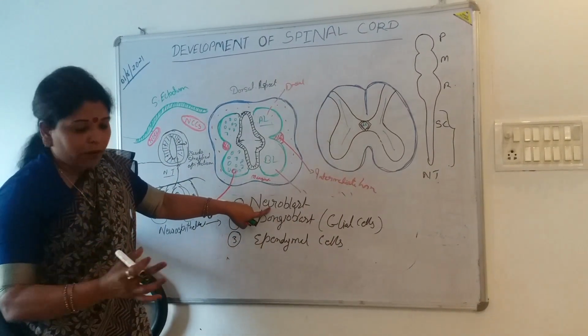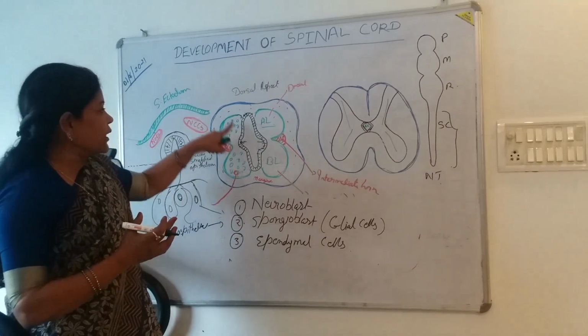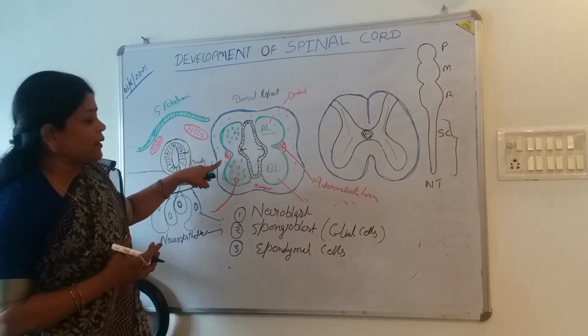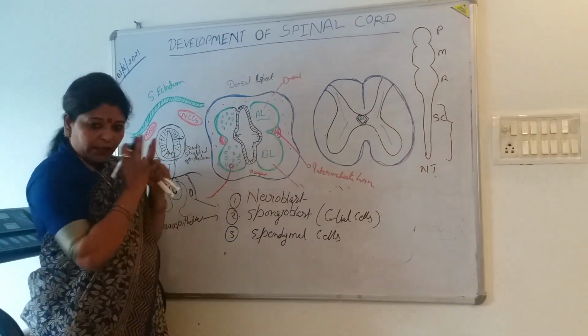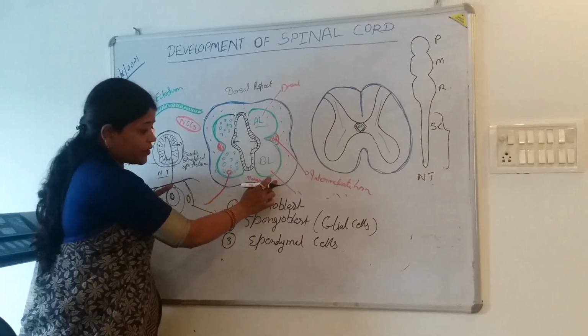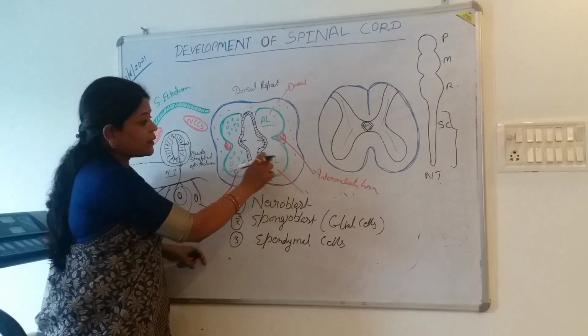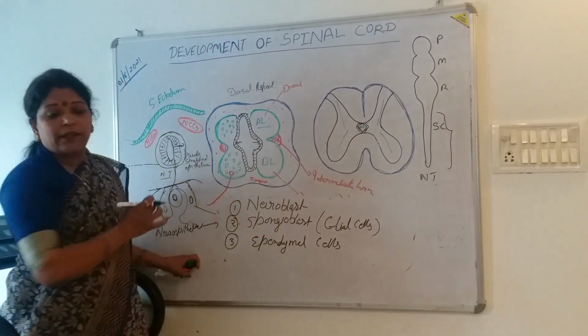Now we have discussed here the neuroblast cells, the cells concerned with the formation of neurons in the mantle region, not in the marginal region. This thing should be clear in mind. The difference between the mantle layer and the marginal layer is that in the mantle layer the neurons are present, and in the marginal layer there are no neurons.